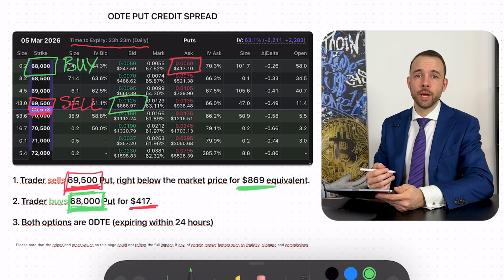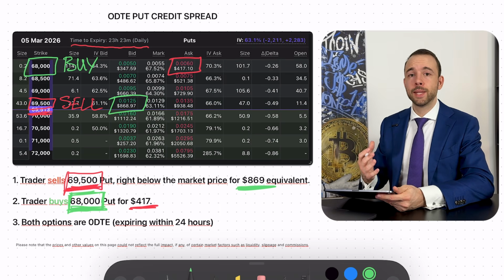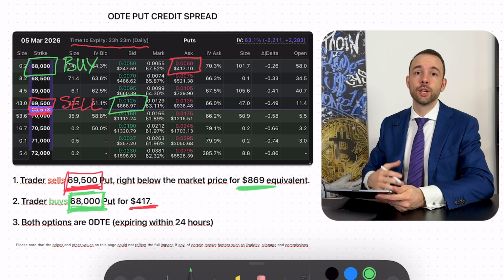So there is a positive cash flow into your account.